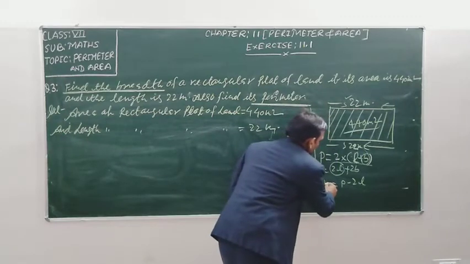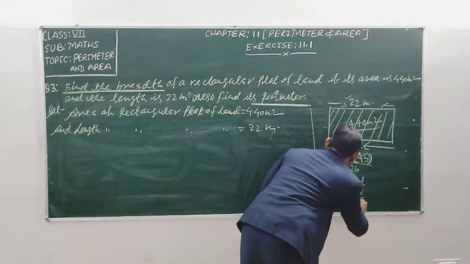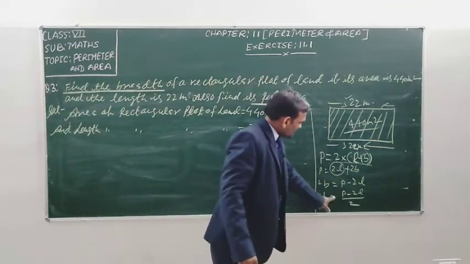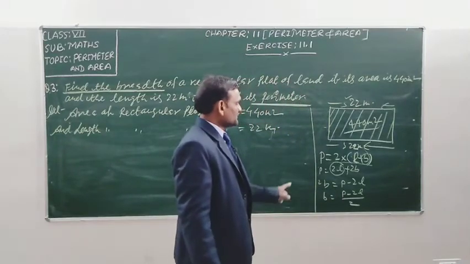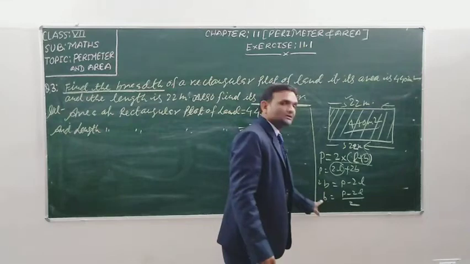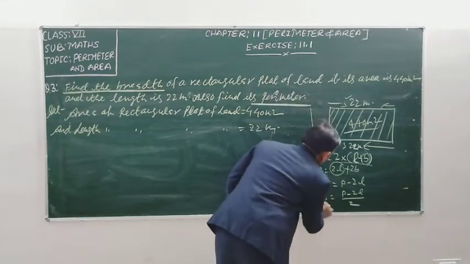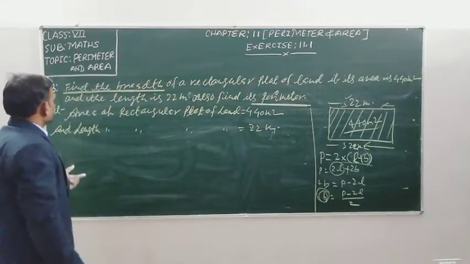So b is equal to p minus 2l upon 2. In this way we can find out the breadth.